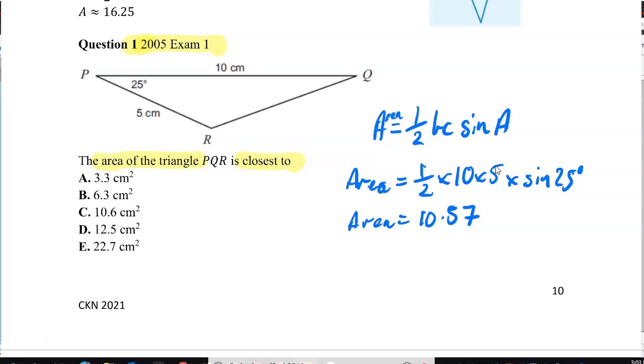So that is closest to C. Now, looking at that, 81% of the state answered correctly. 7% answered E. I wonder if they left out the half there. They may have done that. Okay.